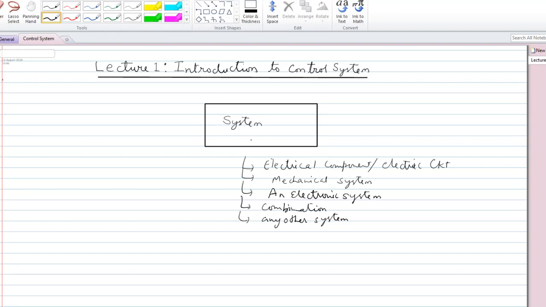in which the dynamics of the system, that is, you can say that output, that is also known as your controlled output, is controlled by some reference input.